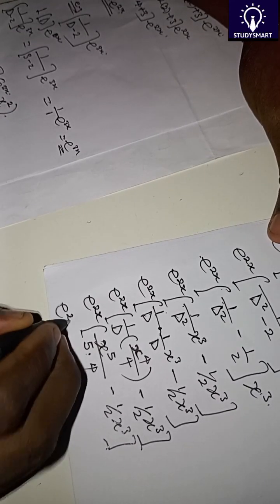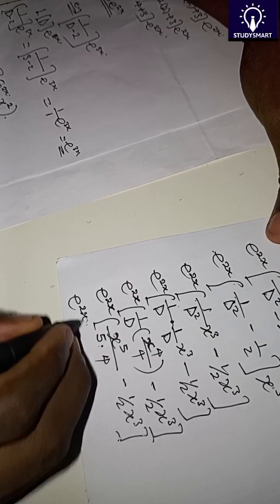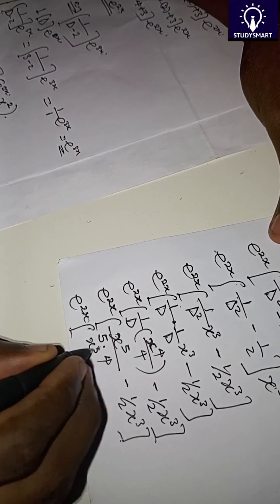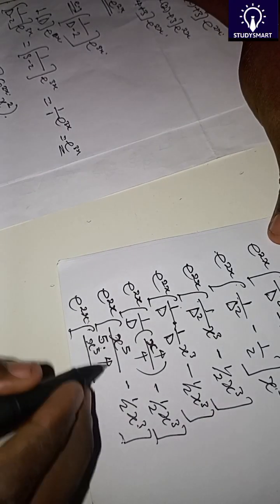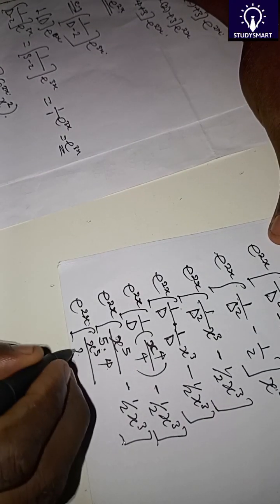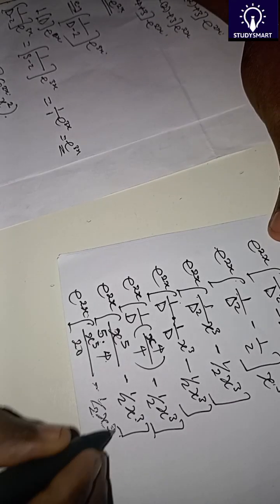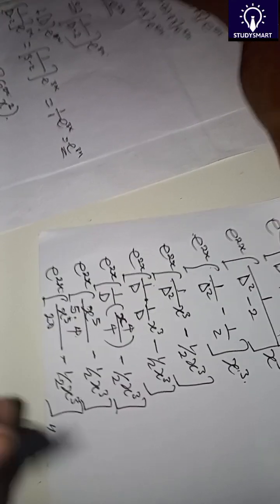So exponential 2x into x to the power 5 over 20, then minus 1 over 2 x cubed. Right, so this becomes the answer to the expression.